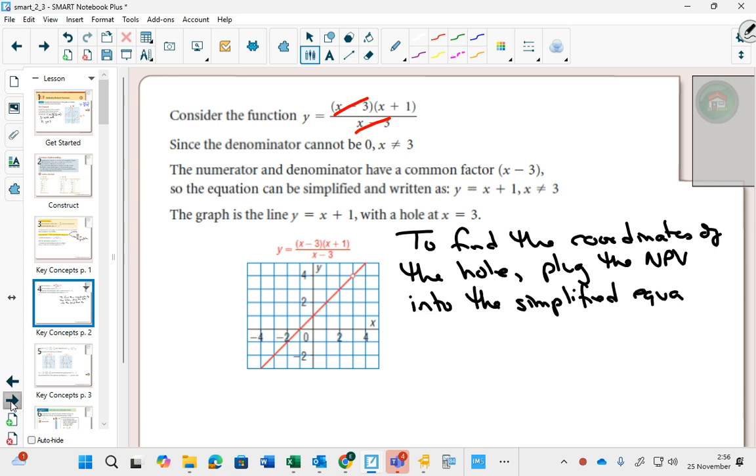If we want to find the coordinates of that hole, all we have to do is plug in that non-permissible value, because the hole will be at the non-permissible value, in this case when x is 3. Plugging 3 into the new equation, x plus 1, gives me 3, 4. And that's the coordinates of my hole.